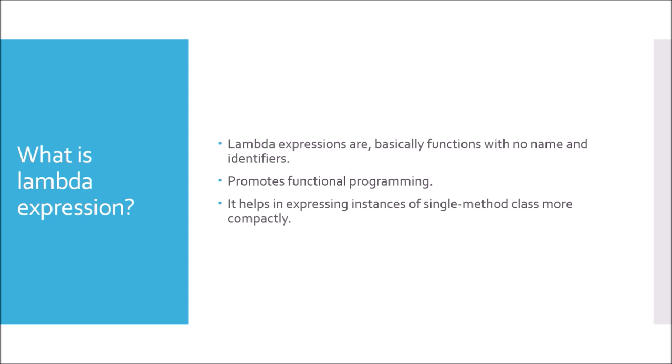It helps in expressing instances of single-method classes more compactly. This is what you have seen before when implementing a consumer interface with an anonymous implementation and with a lambda expression.